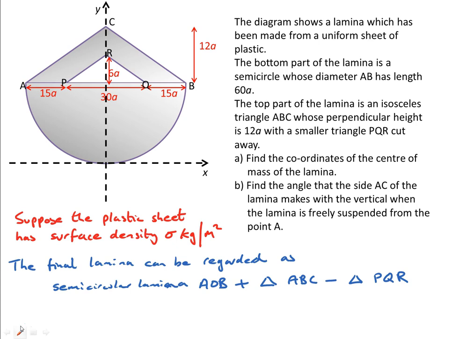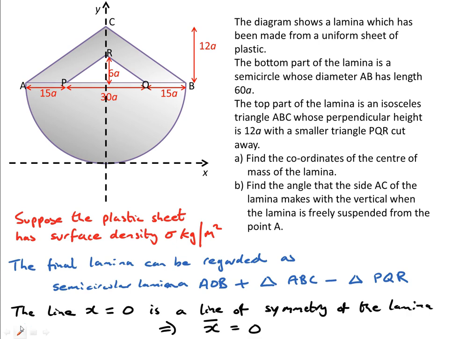We'll also observe that the line x equals 0, or the y-axis, is a line of symmetry of our final laminar. So the centre of mass of the final laminar must lie on this line of symmetry, so we can say that x bar, the x-coordinate of the centre of mass, must be 0.